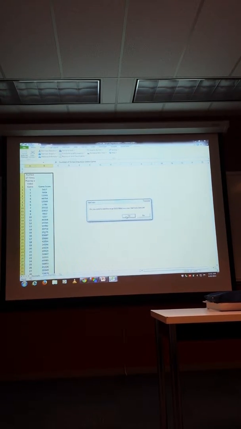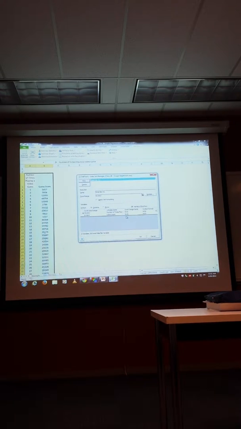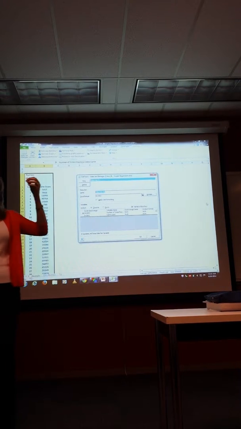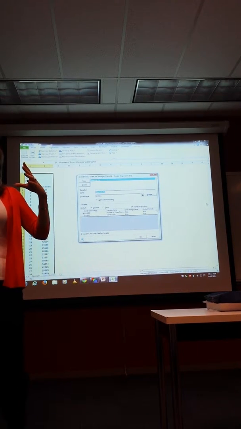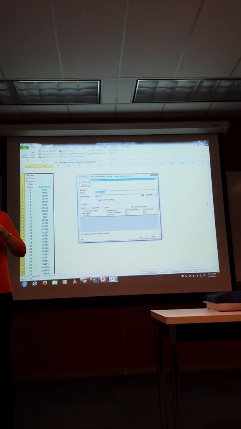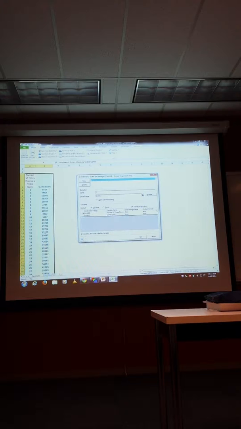And you'll say yes. And then you will give it a descriptive name. As time goes by in a particular worksheet, you may have more than one range defined, so you want names that would make sense to you when you go back and look at them.